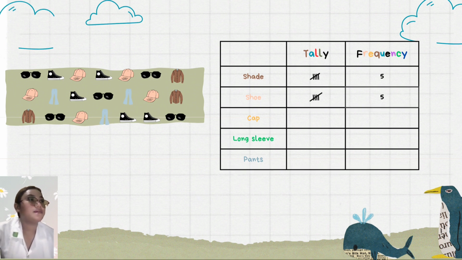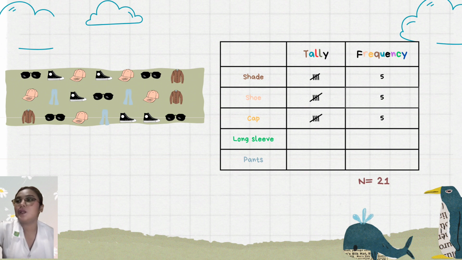Sa cup, yes, Lani. Miss Lani. Okay, 5. Sa long sleeve, ilan ang long sleeve sa picture? Yes, Abby. 3.